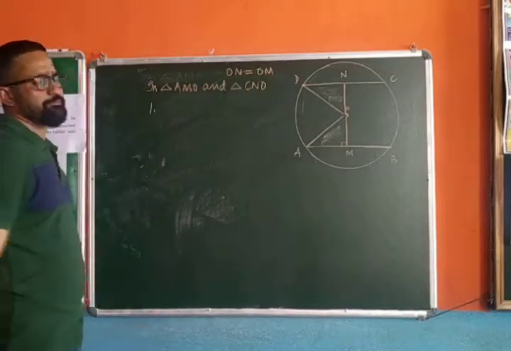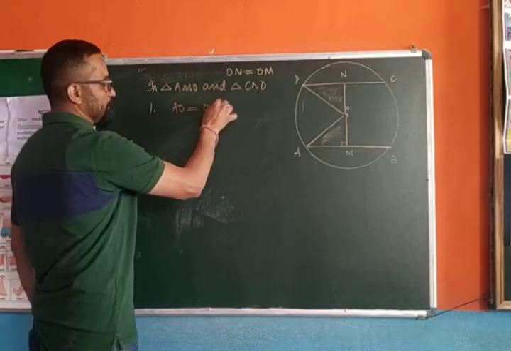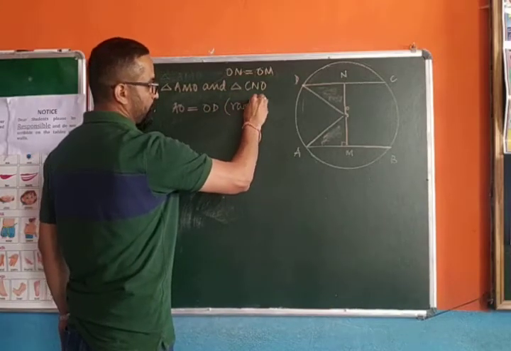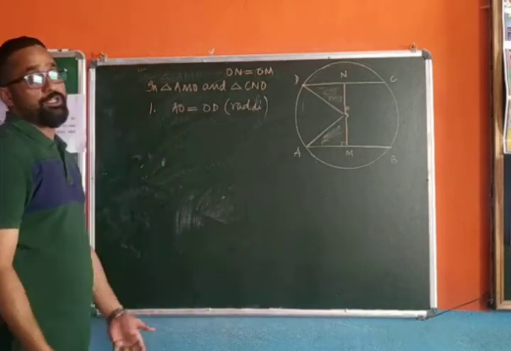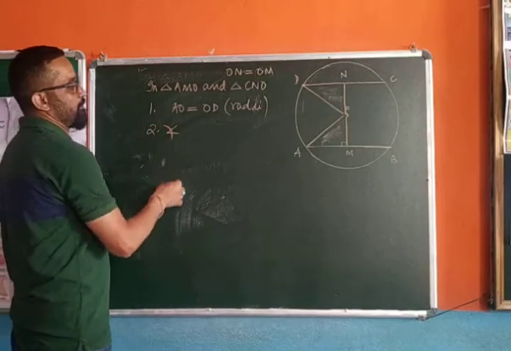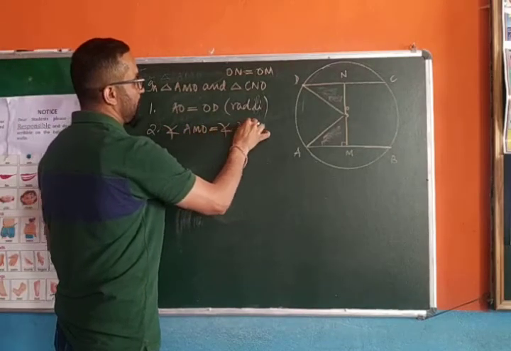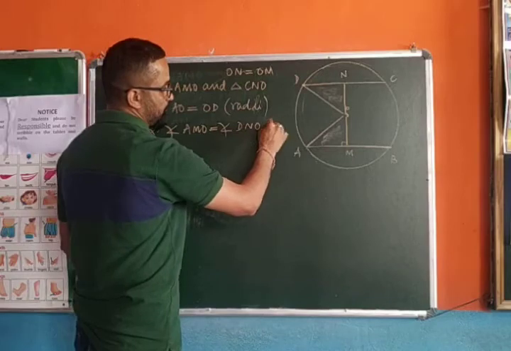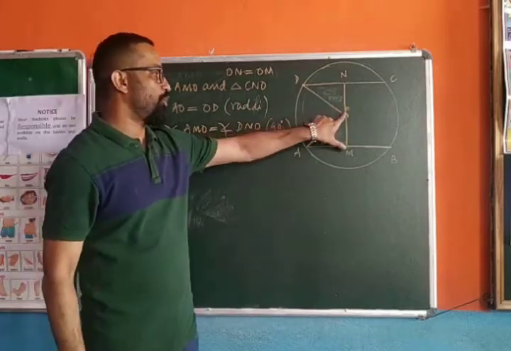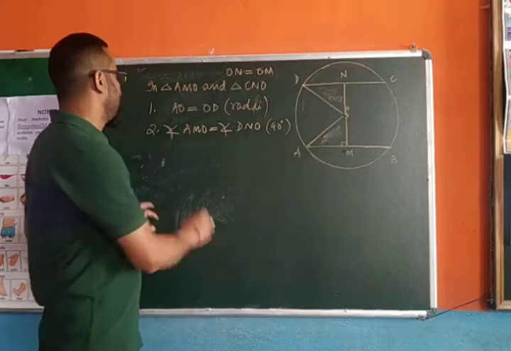First one, AO is equal to OD, radii. Radii of a circle are always constant. Second one, angle ANO is equal to angle DNO, 90 degrees each. A line drawn from the center to the chord is always perpendicular.